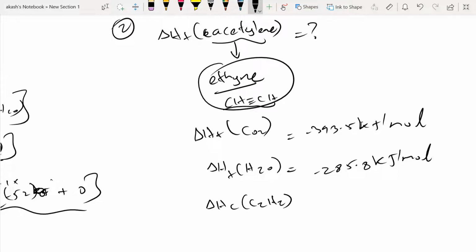Okay, the enthalpy of combustion of C2H2. No, I'm going to give it the other way.